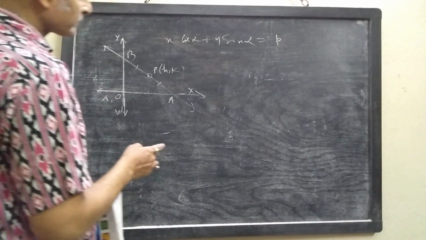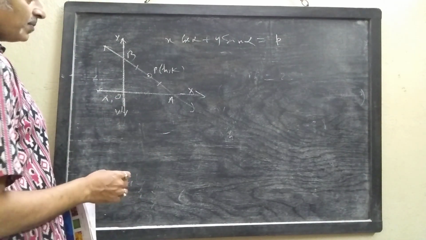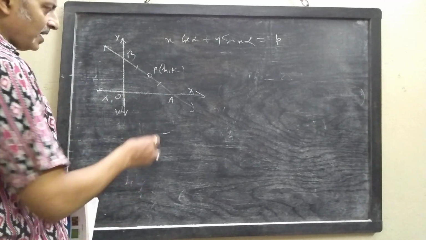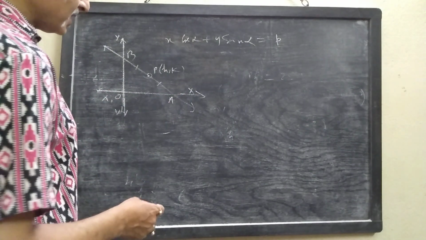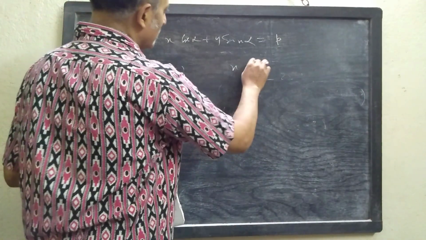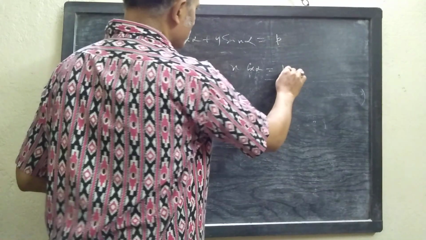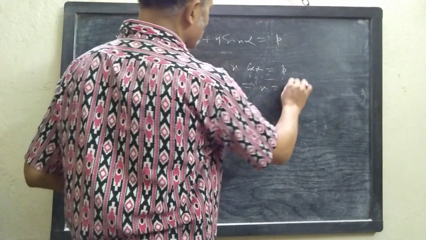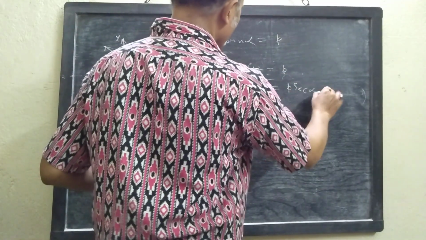Now we have to find the coordinates of A and B first. For finding A, we know all the points lying on the x axis have their ordinate 0. So putting y equals 0, we find x cos alpha equals p. That implies x equals p sec alpha.